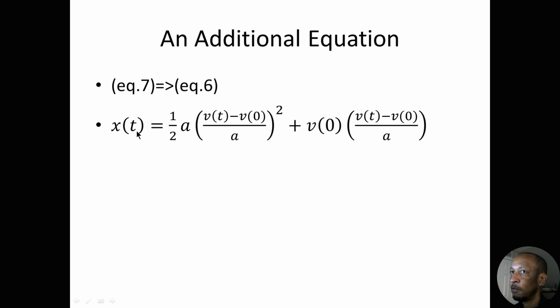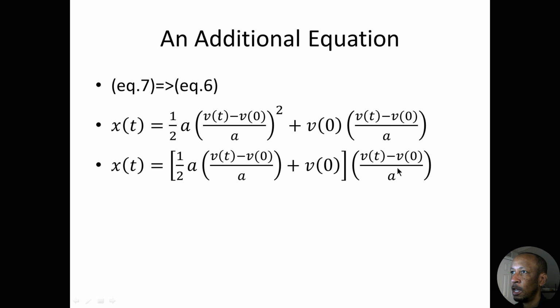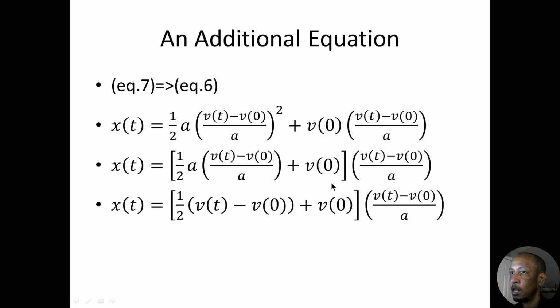Next, I'm going to take that equation number 7 and place it into equation number 6. Then I end up with x of t equals half a times v of t minus v of 0 over a, all of that squared. And the same thing over here, I have v of t minus v of 0 over a, being multiplied by v of 0. Next, I can factor out v of t minus v of 0 over a. You can take notice here that these a's cancel out, since a over a equals 1.